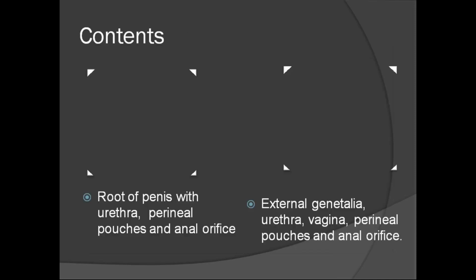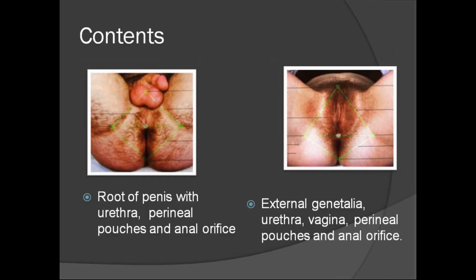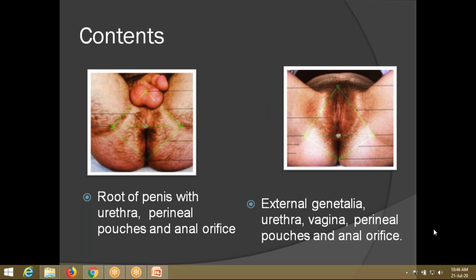Next, what are the main contents of perineum? It is occupied by male and female external genitalia. In case of male, the root of the penis with urethra, perineal pouches and anal orifice. In case of female, external genitalia, urethra, vagina, perineal pouches and anal orifice.